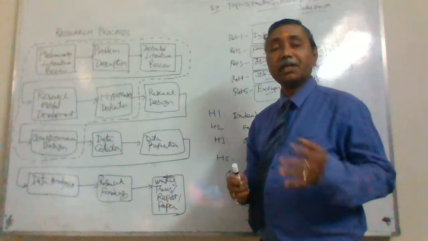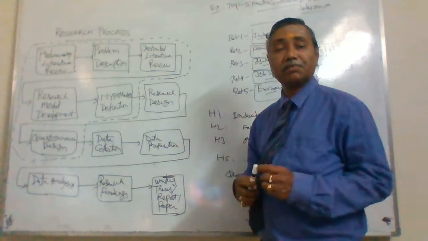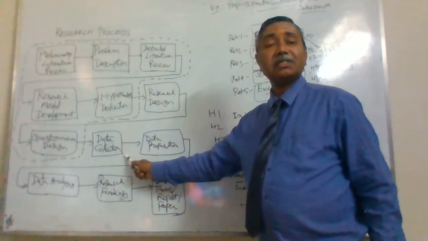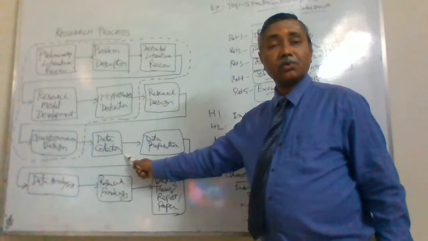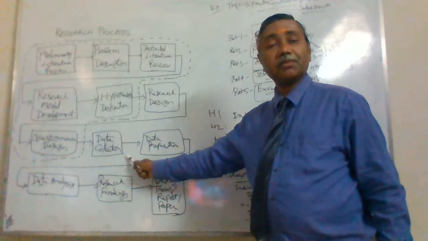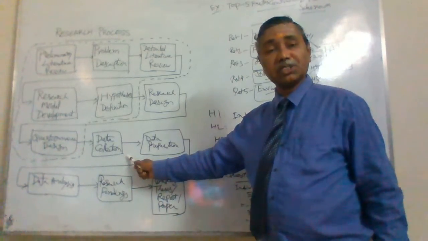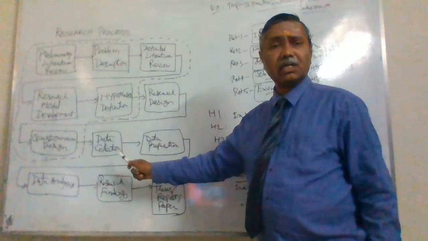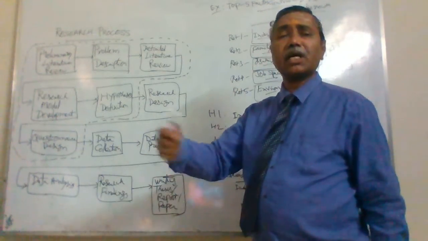They will fill it and immediately you will get the data. That is spontaneous, in 5 minutes. That is one way of data collection. Otherwise, you have to go to the field and collect from consumers, users, or respondents. Physically give the physical questionnaire to them and collect the data.